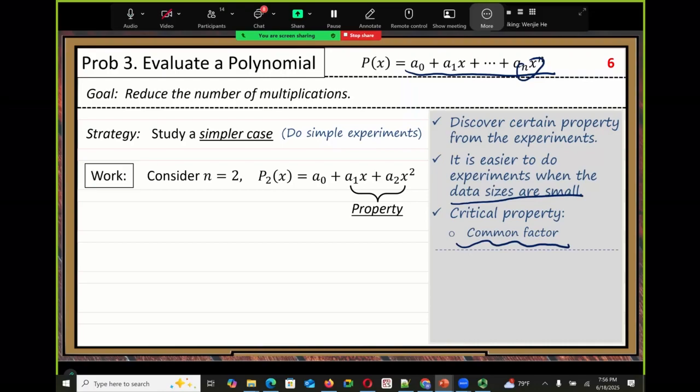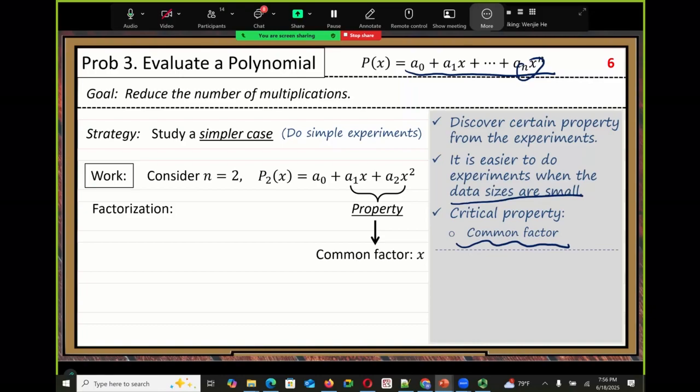So we want to use this common factor to do some manipulation, to change the form.